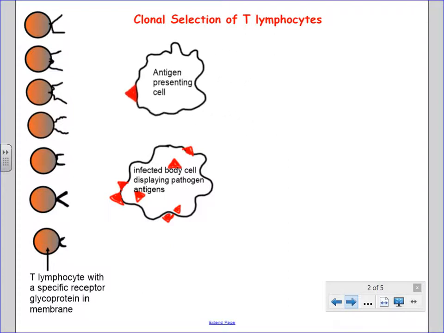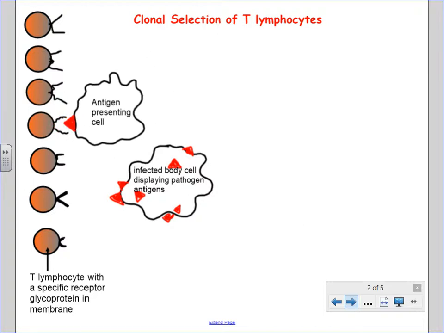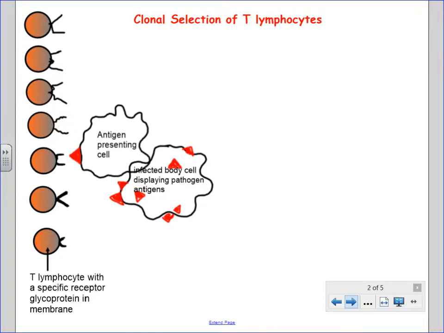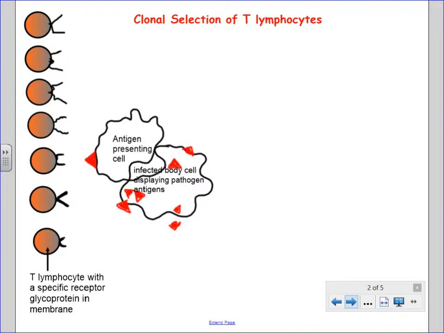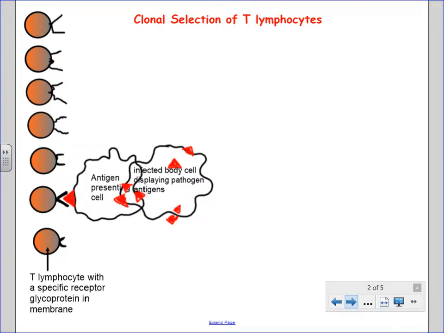Just like the B cell, the antigen presented to these particular T clones or T lymphocytes has to have a complementary fit, like this one here. That again is the clonal selection part.